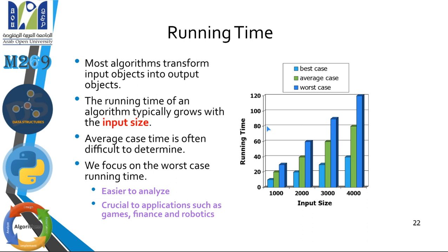So the company wanted to use the internet to transfer the data from location 1 to location 2. When they send, for example, 500 megabytes, it takes around, for example, 30 minutes. If they send 1 giga, it will take around 60 minutes. If they send 2 giga, it will take around 90 minutes, and so on.